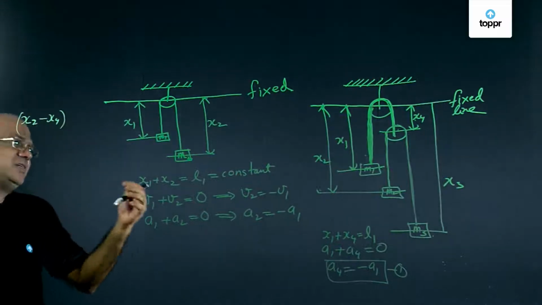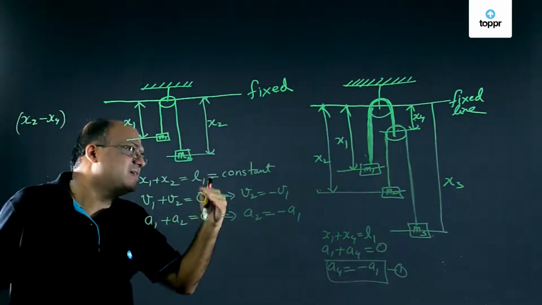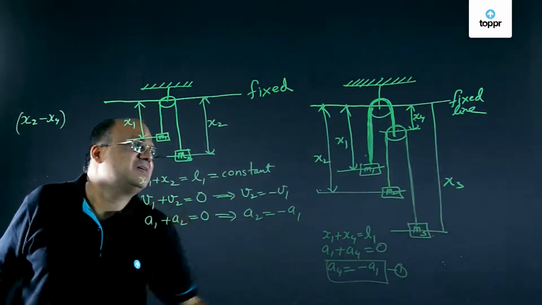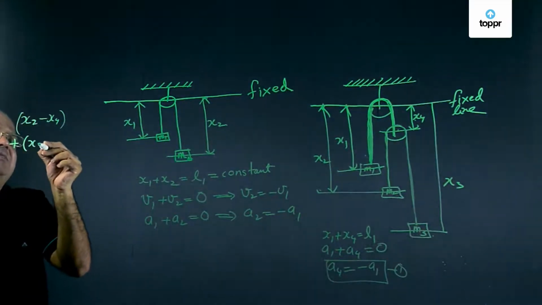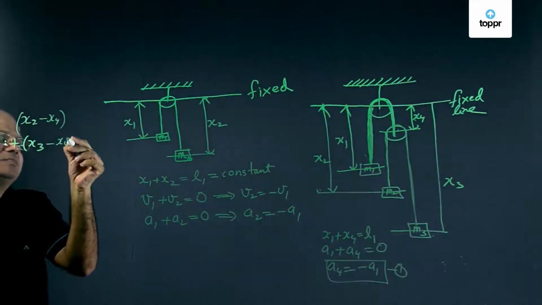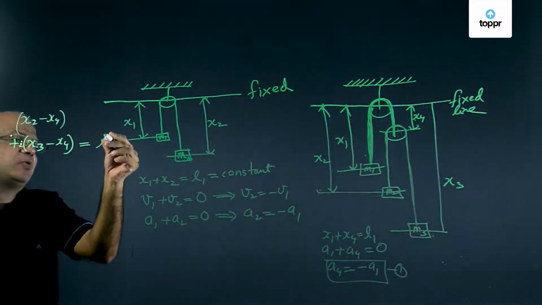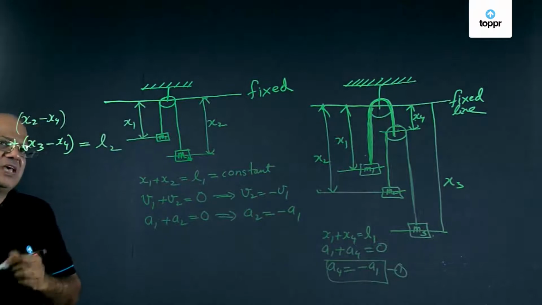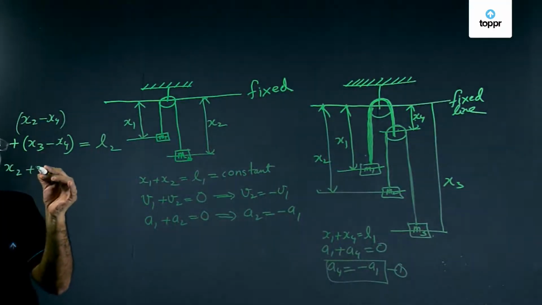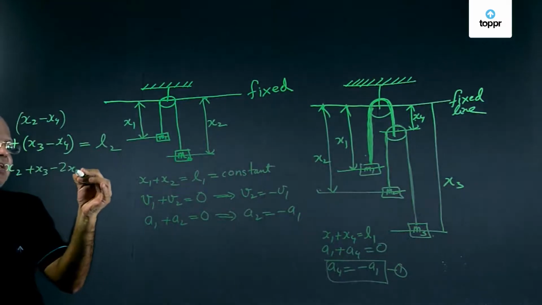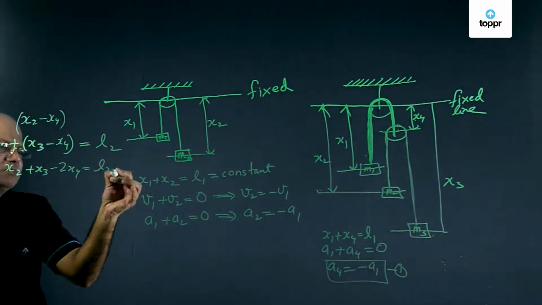That is your left hand side, this one. And the right hand side is x3 minus x4. And this will be equal to L2. If you simplify this, you get x2 plus x3 minus 2x4 equal to L2, right?